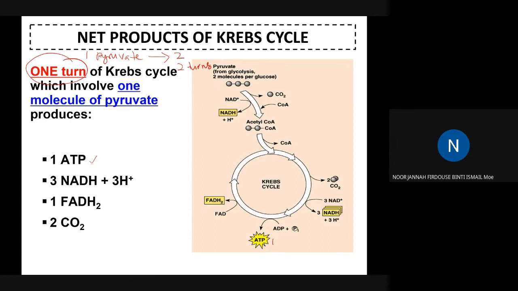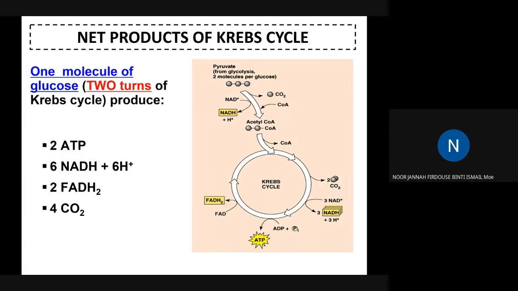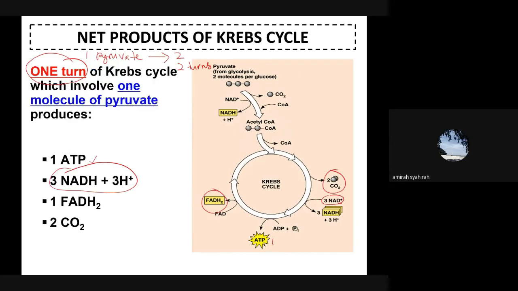Okay, here 3 NADH plus H plus, 1 FADH2 and 2 carbon dioxide. Sorry, ini bukan Krebs cycle. 2 carbon dioxide, okay, 1. Jadi kita tengok pada dia punya diagram. Ini madam, yang one turn tadi madam cakap apa madam?